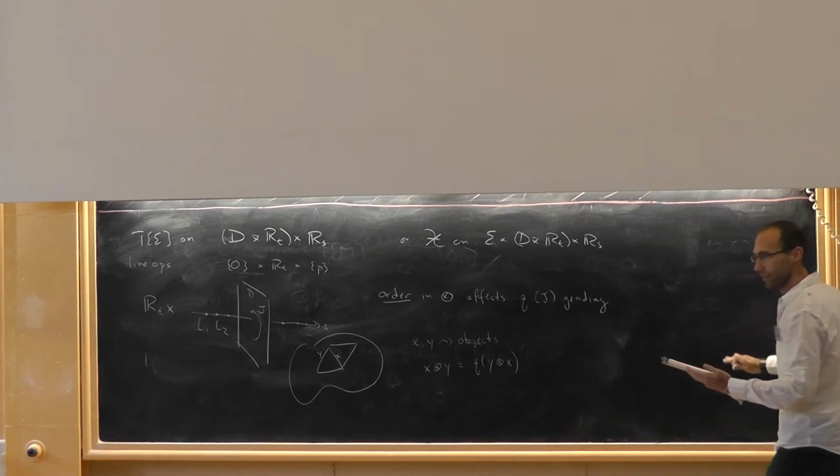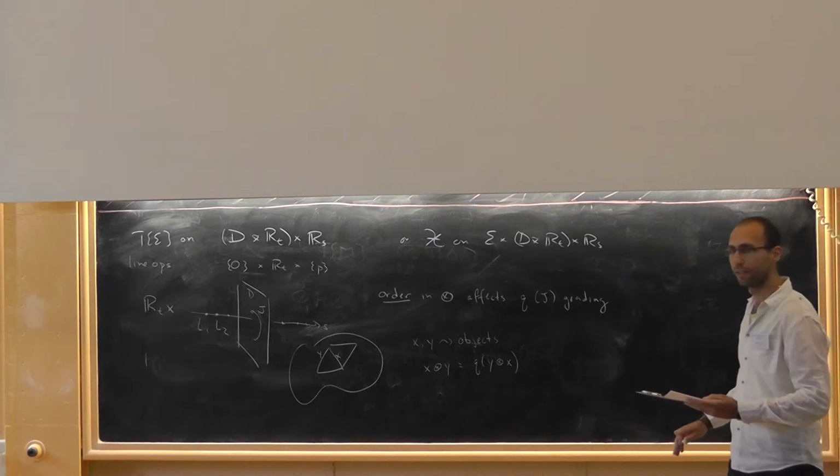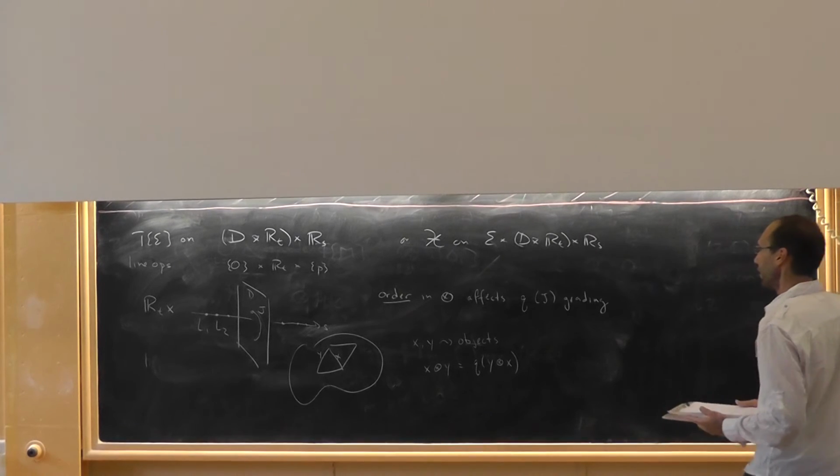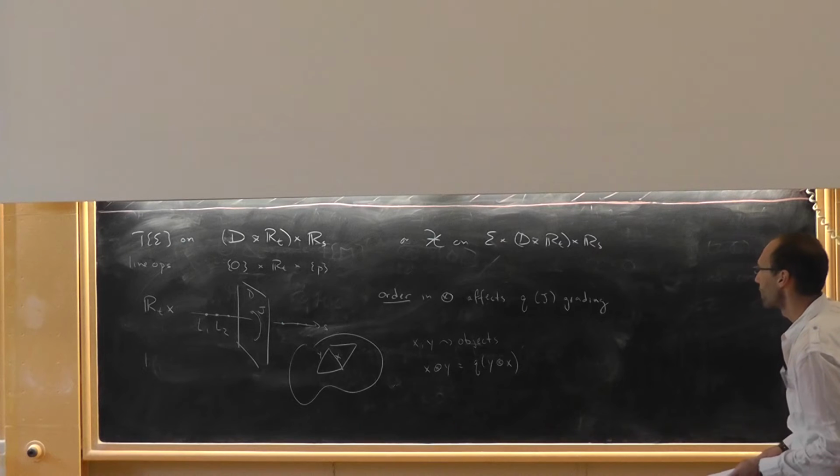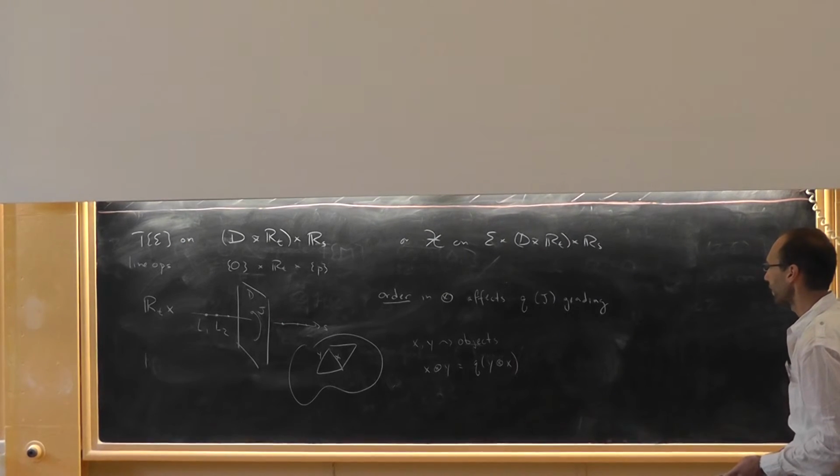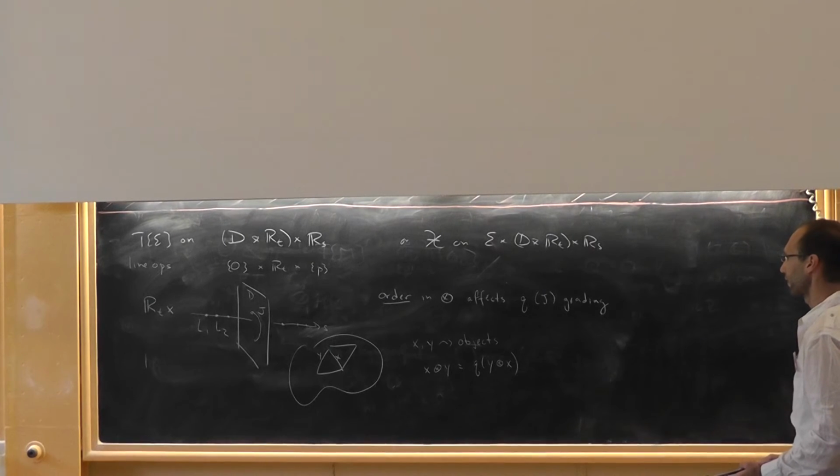But you didn't explain why x and y promote to these line operators. You stated. I didn't explain this. I'm not sure I have time to, but it is something that is not a mystery.